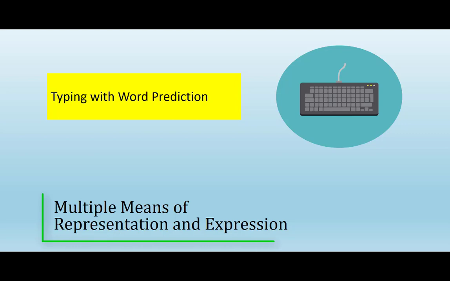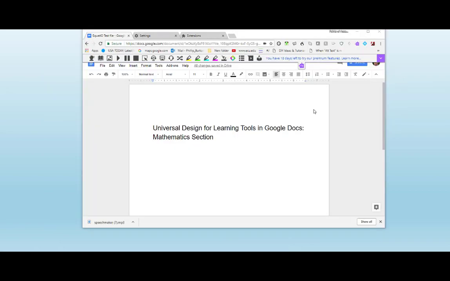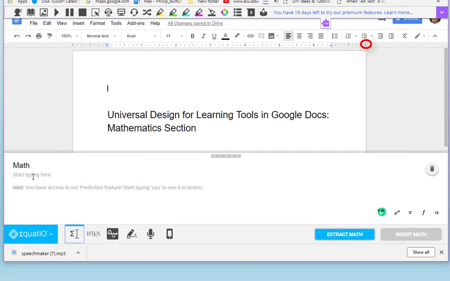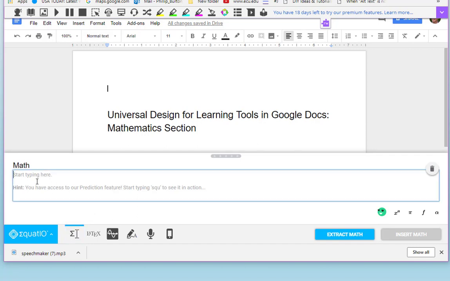Multiple means of representation and expression. Typing with word prediction. With EquatIO turned on, you can type in mathematics and have the prediction feature work for you to help you create content. So if I'm in here and I type RA, I can get a radical or array.